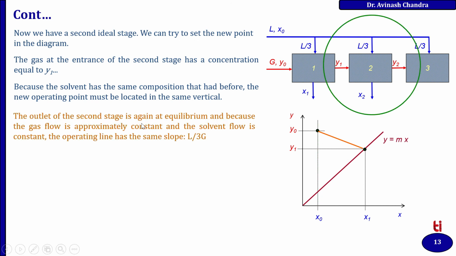The outlet of the second stage is again in equilibrium, with the gas flow approximately constant; the assumption is that G is constant here also.